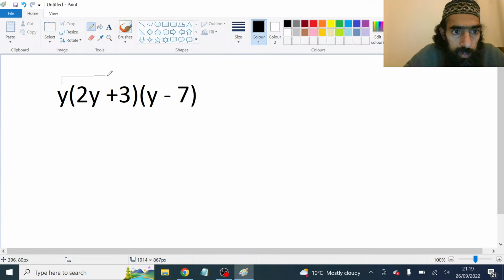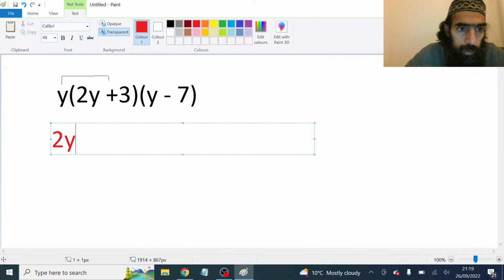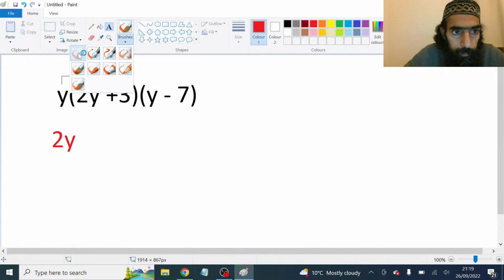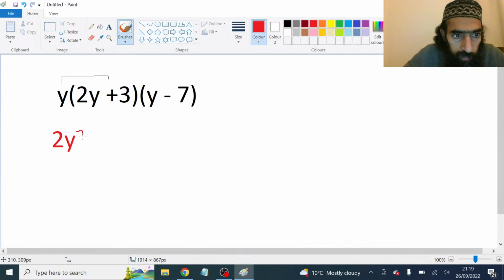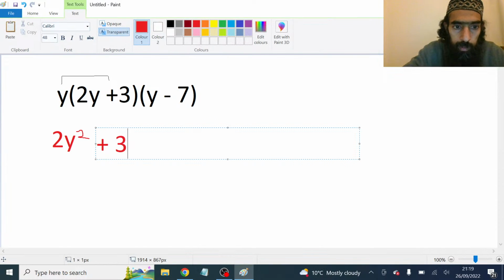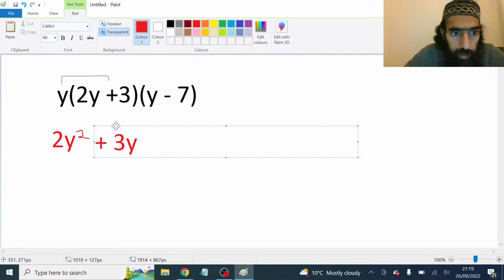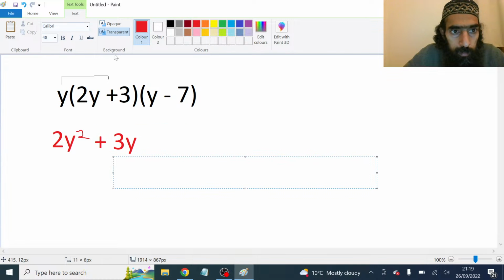So I'm going to pick the first two and I'm going to multiply out those two terms. So y times 2y, that's 2y squared. And then we have y times 3, which is 3y, so plus 3y. That's the answer to the first two terms multiplied.